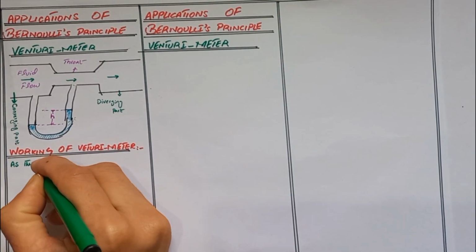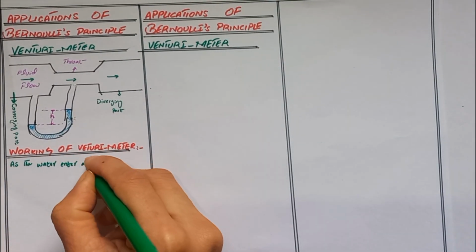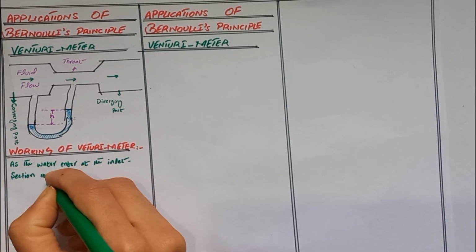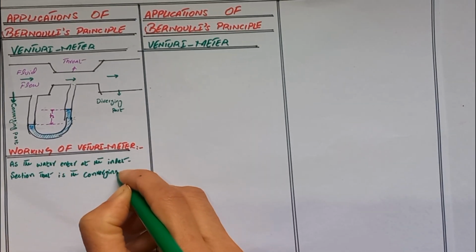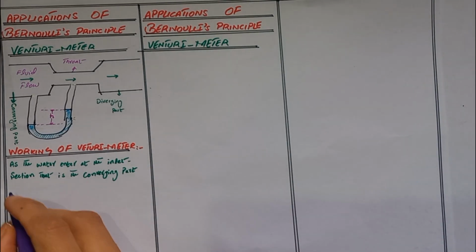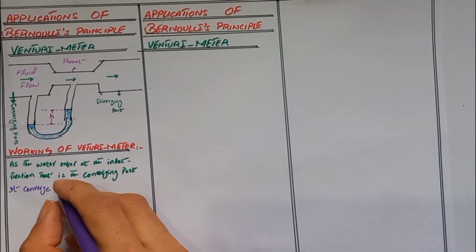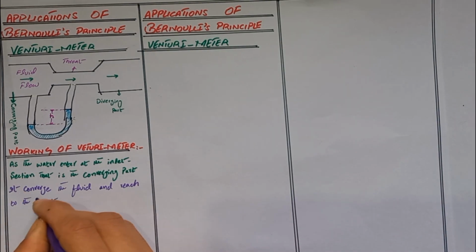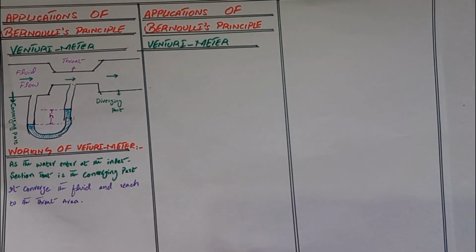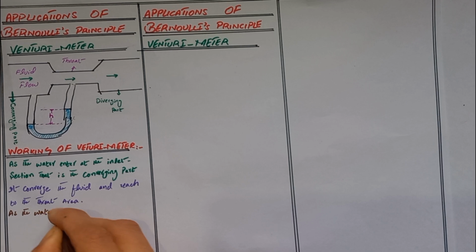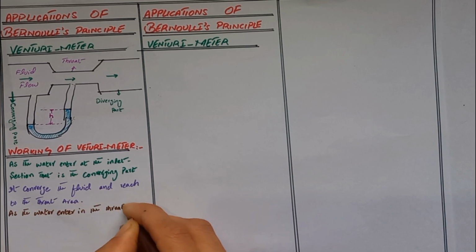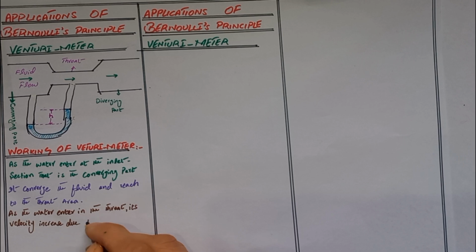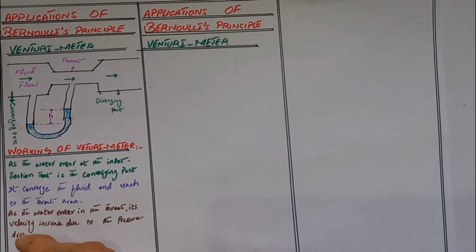As the water enters at the inlet section, that is the converging part, it converges the fluid and reaches the throat area. As the water enters the throat, its velocity increases and the pressure drops.